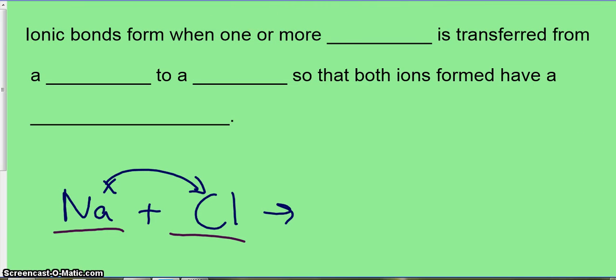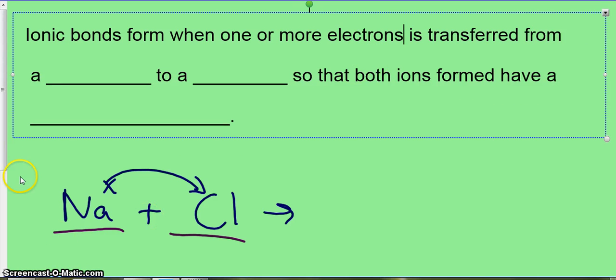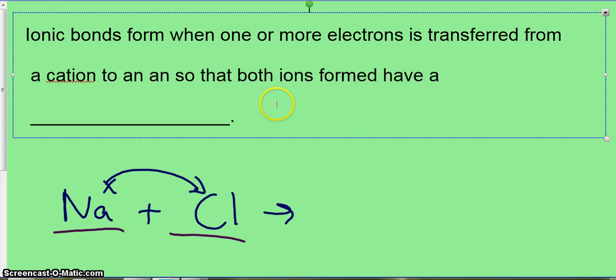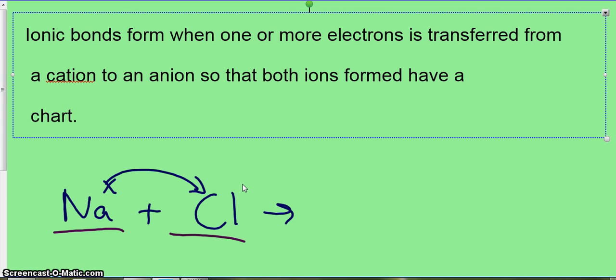So an ionic bond will form when one or more electrons is transferred from what will become a cation to an anion, so that both ions have formed. So both ions formed have a charge and attraction to one another.